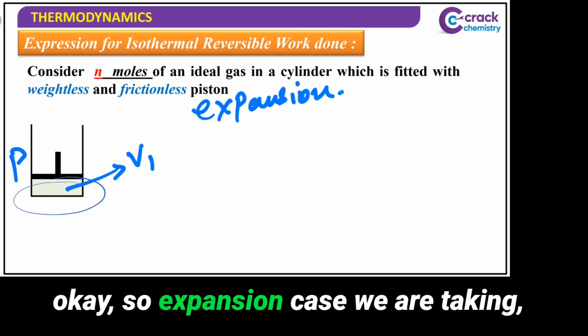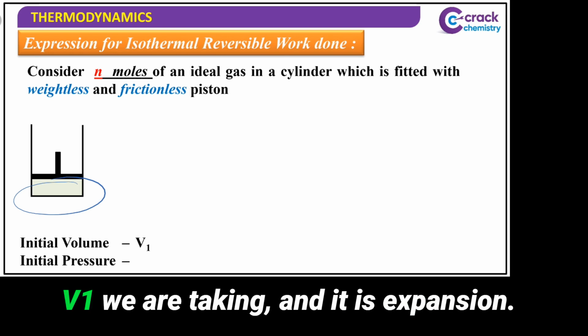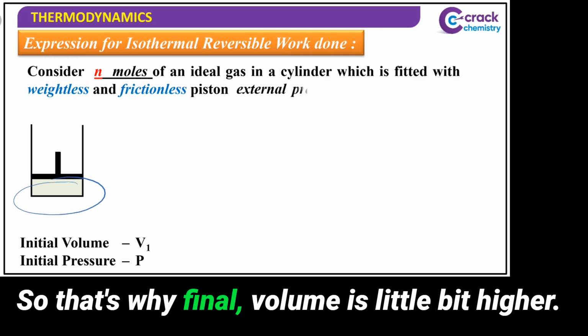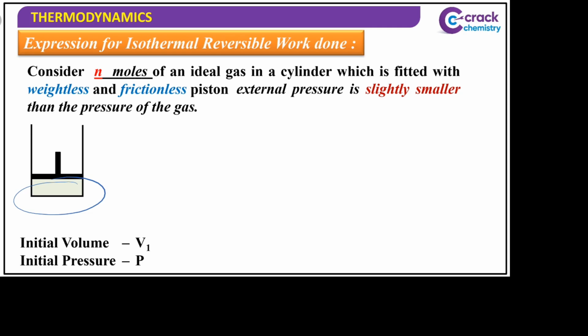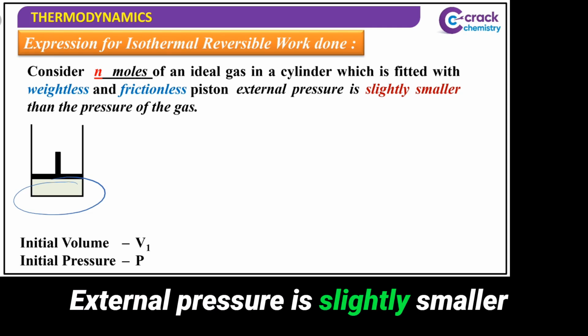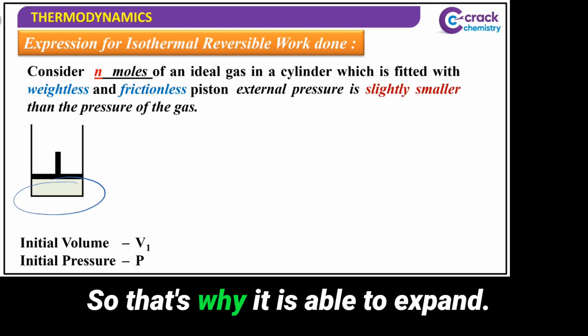Okay, so initial volume is V1 and pressure is P, and we are taking again the expansion case. So initial volume and initial pressure are V1 and P, and it is expansion, so that's why the final volume is a little bit higher, correct? External pressure is slightly smaller than the pressure of the gas, so that's why it is able to expand.